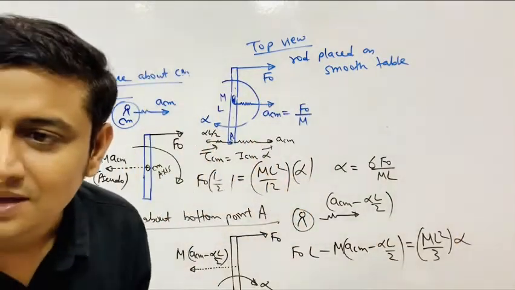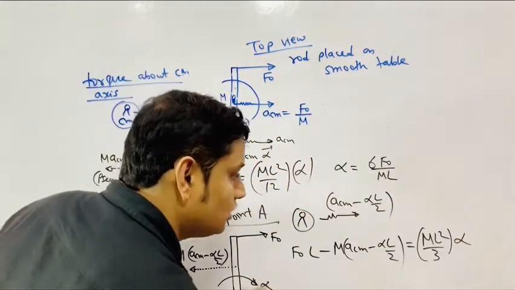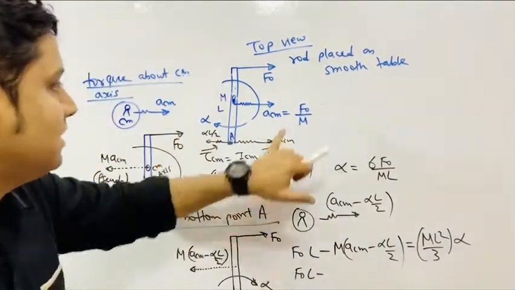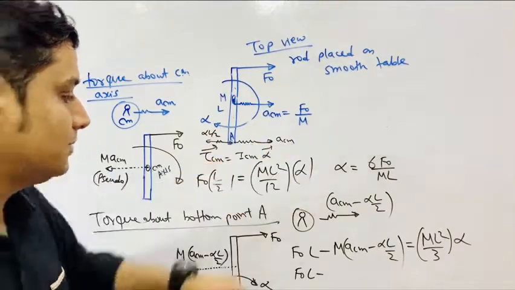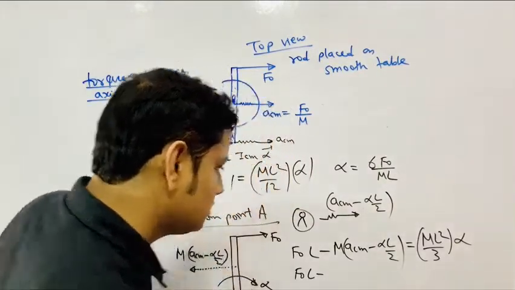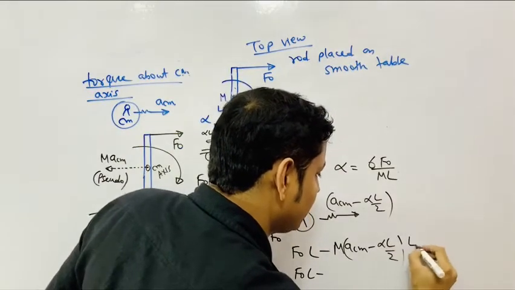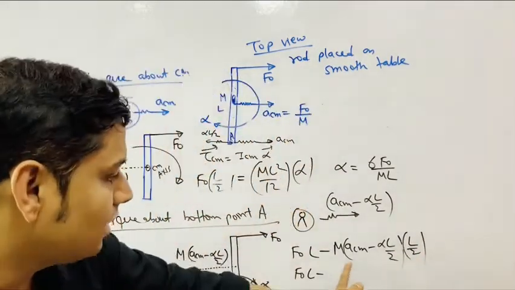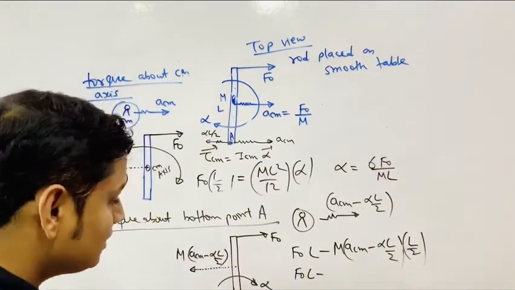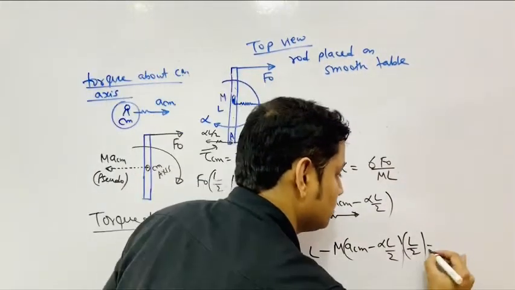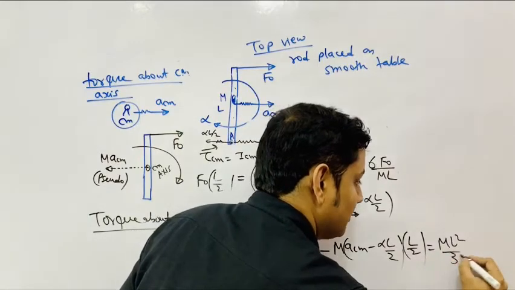Let us see if the answer is the same or not. So you are going to get F naught into L minus M into ACM; what is M into ACM? F naught. Here you also have to take L by 2, no? Yes, because this is a pseudo force and the distance of this pseudo force is L by 2, equal to ml square by 3 into alpha.